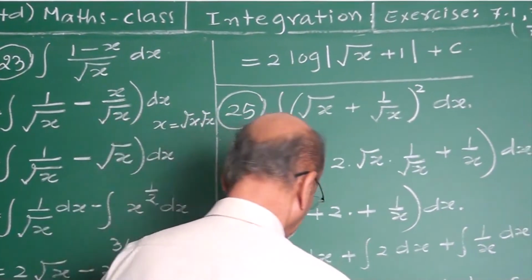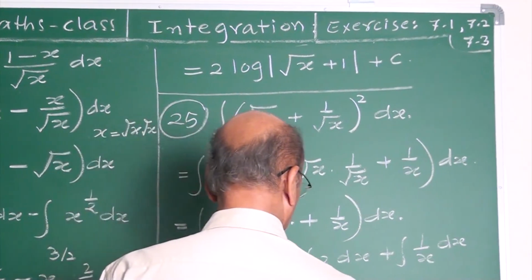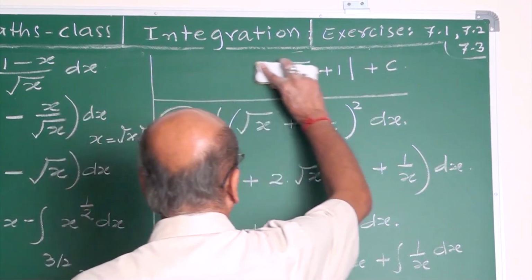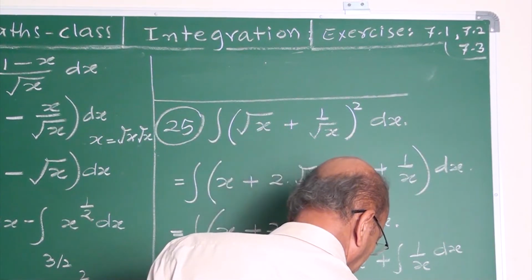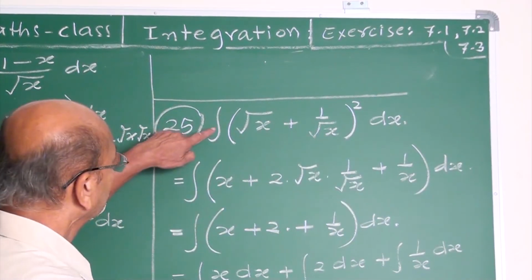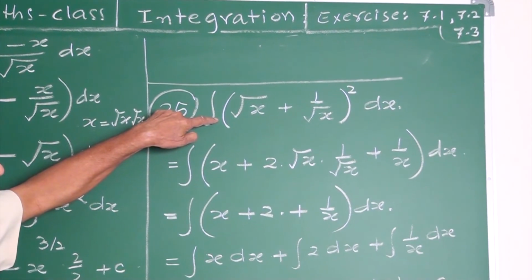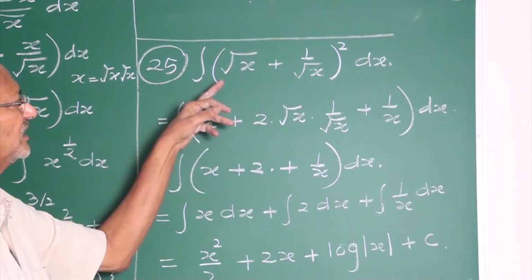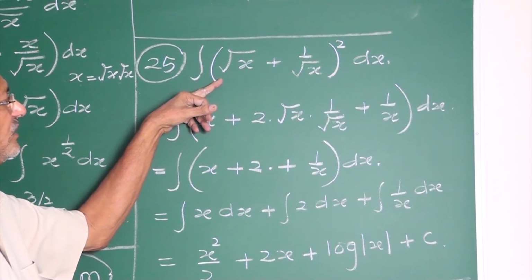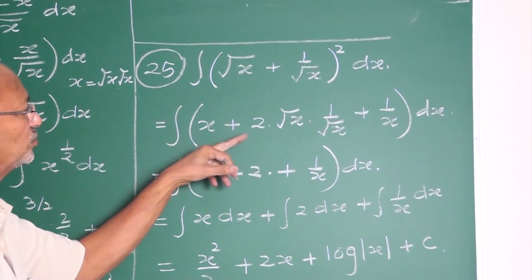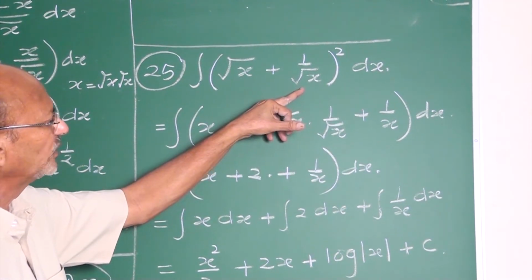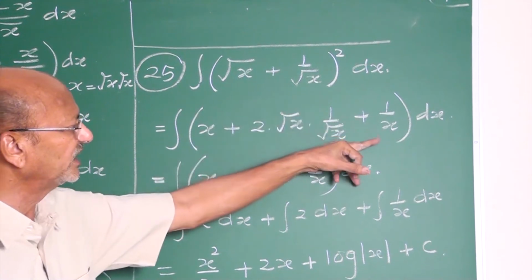Last example is this, my friends. It is integral of root x plus 1 by root x the whole square. It is a plus b the whole square. A square, root x whole square, is x, plus 2ab, plus b square, 1 by root x whole square, is 1 by x.